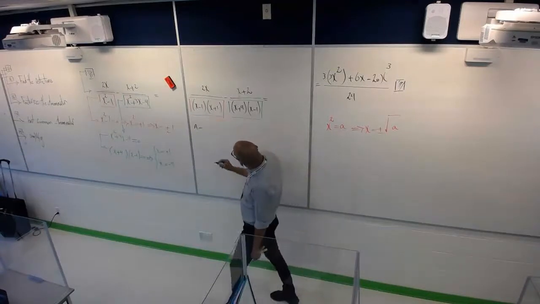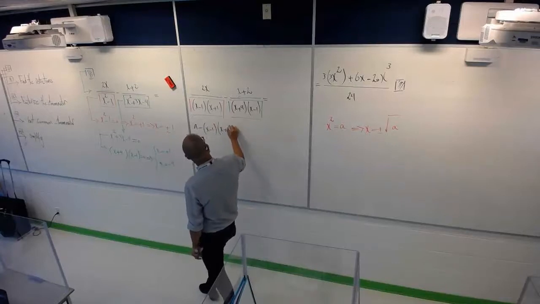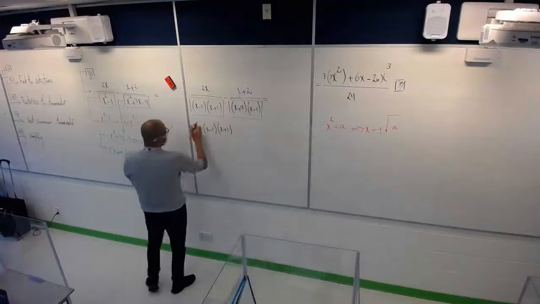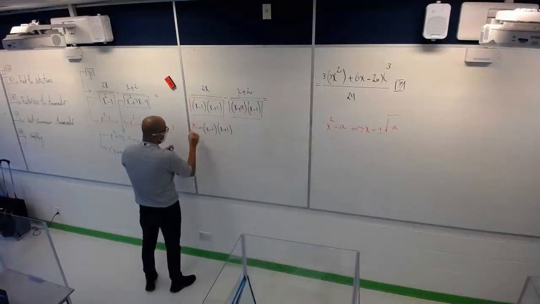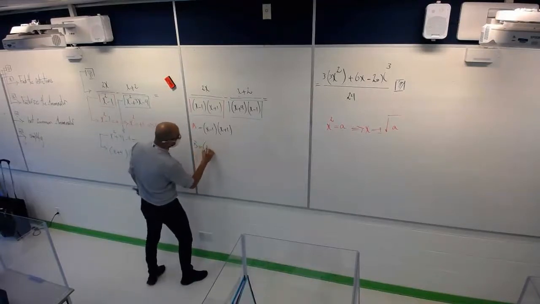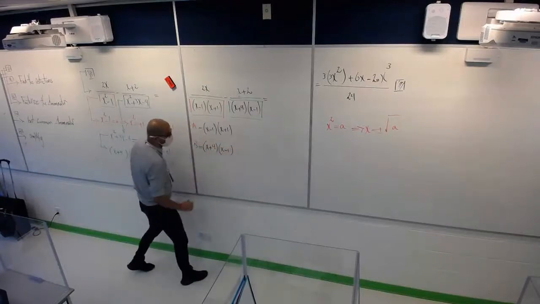I call the first term x minus 1 times x plus 1, and the green one, let me color code them. I call this A. I call this B. Then for B, what I have is x plus 4 times x minus 1.